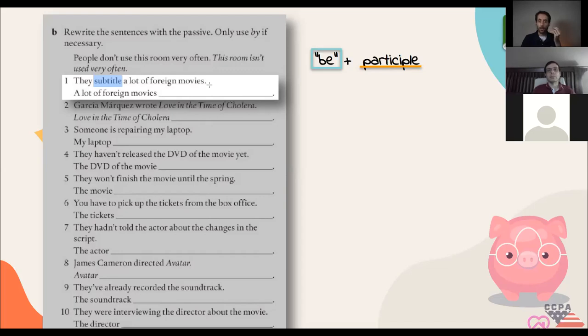So now we know that our version of be is supposed to be in the present form for our passive version of the sentence. So subtitle will be, of course, used as a participle. We know that because the active verb in the passive structure is the participle. And then the other verb, be, will imitate its tense and whether it's negative or positive.